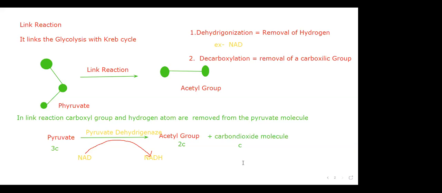Dehydrogenation means removal of hydrogen atom from the pyruvate. Decarboxylation is removal of 1 carbon atom from the pyruvate. When the carboxylic group is removed, it forms a carbon dioxide molecule. And the remaining, we call it acetyl group.